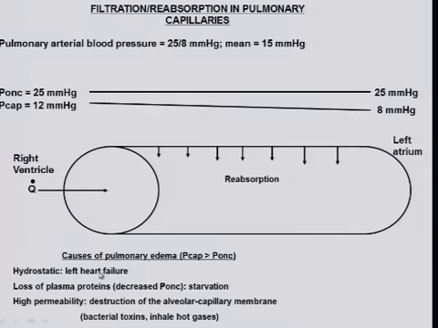And we're going to talk more about pulmonary edema when we talk about high altitude sickness, when we talk about hypoxia. Hypoxia causes a pulmonary vasoconstriction, which increases pulmonary vascular resistance and therefore increases pulmonary vascular pressure. And in doing so, that will cause pulmonary edema.